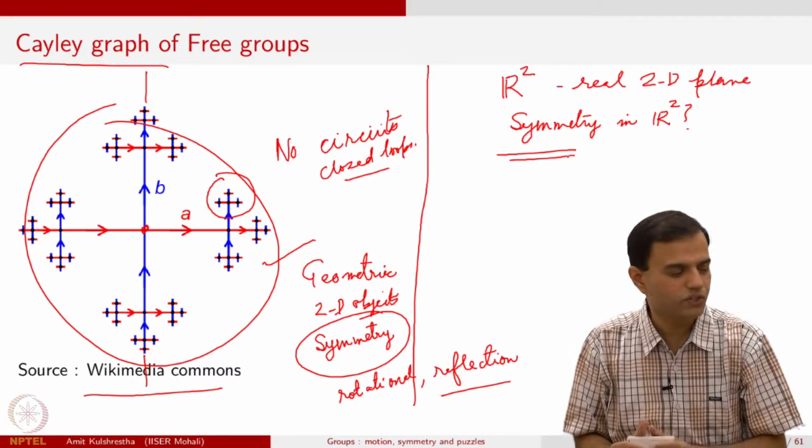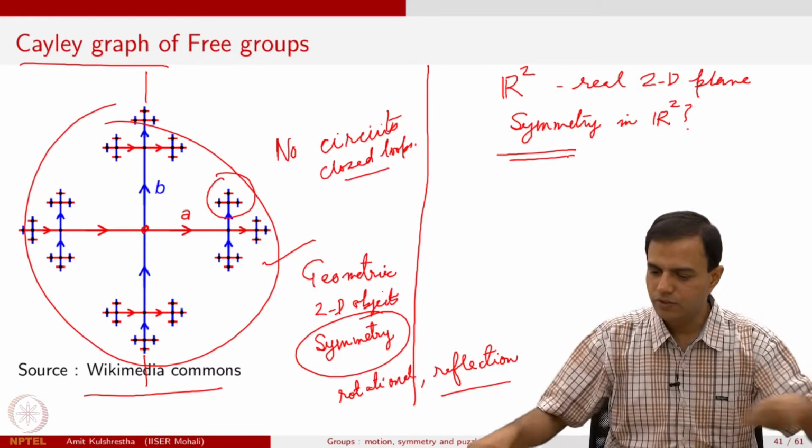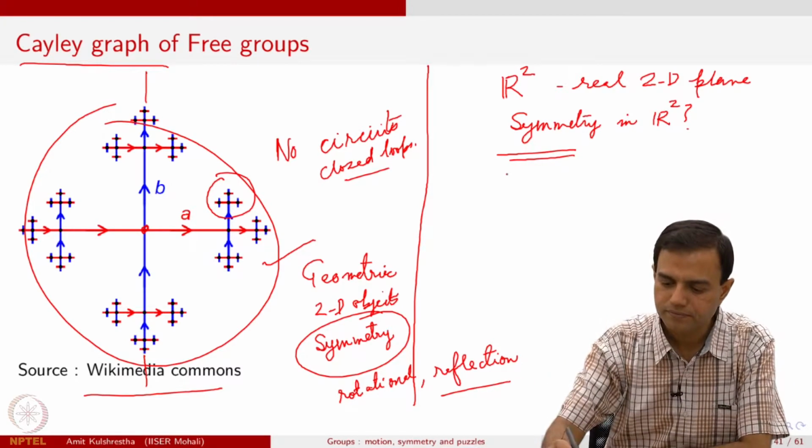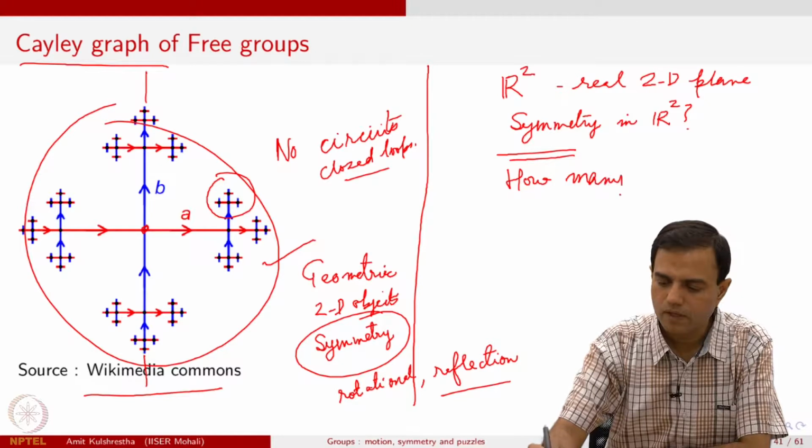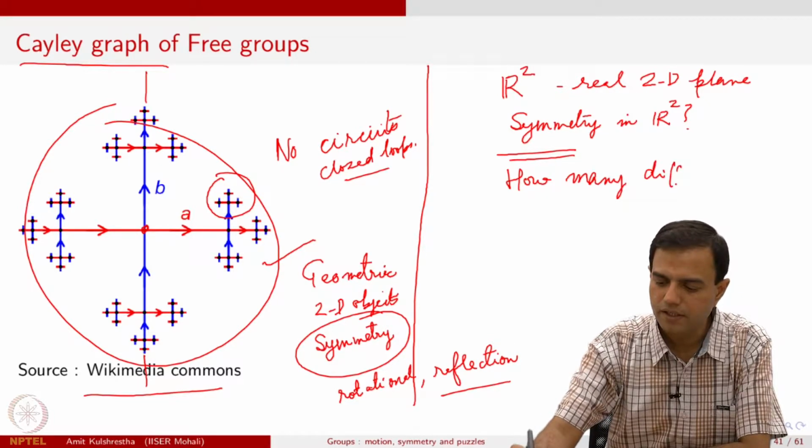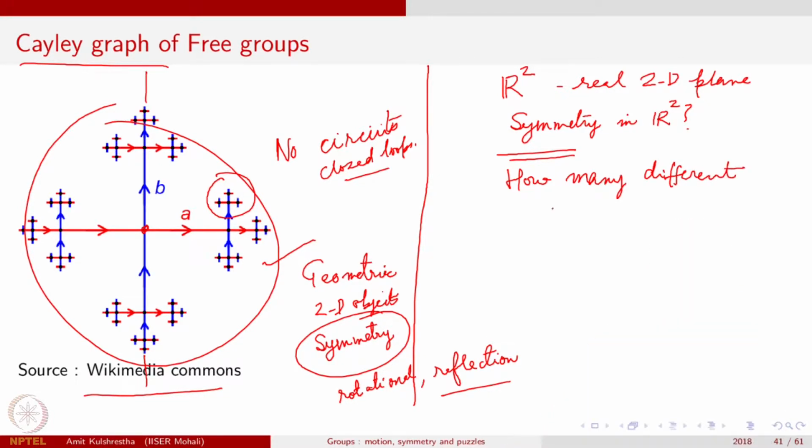That's an interesting question. So the question is, how many different types of tilings are there? One has to understand what is the meaning of different types of tilings.